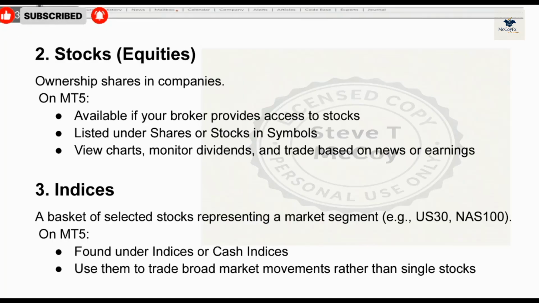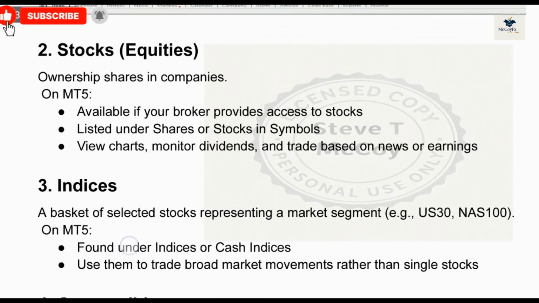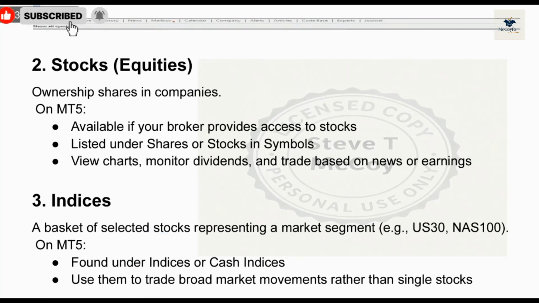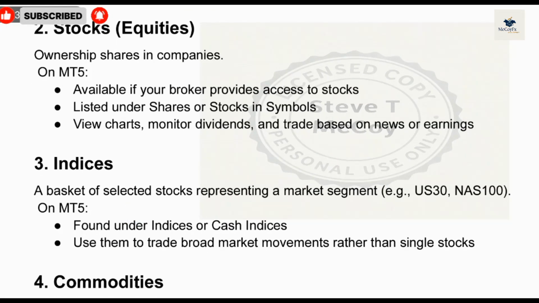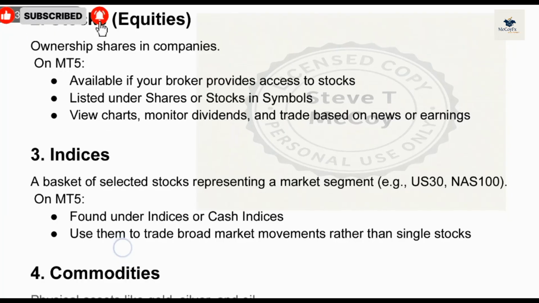View charts, monitor dividends, and trade based on news or earnings. We are not going to talk more about those ones because we are going to talk about Forex. But it's good to learn the various instruments we have when it comes to trading.